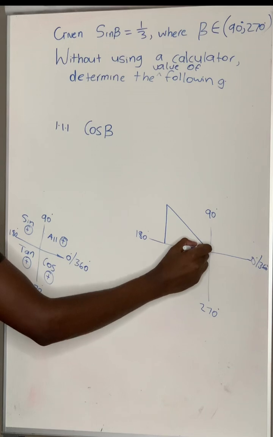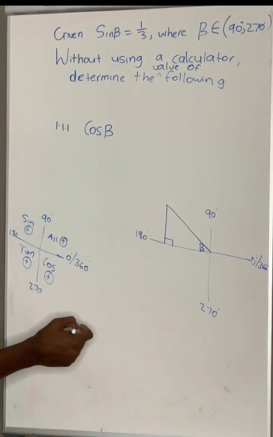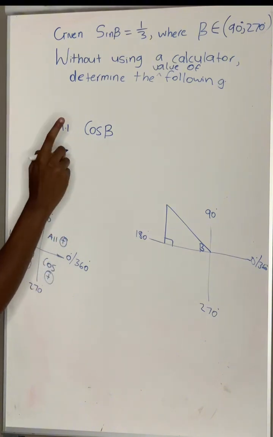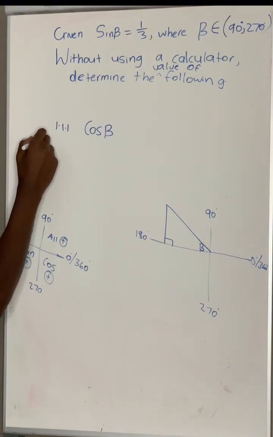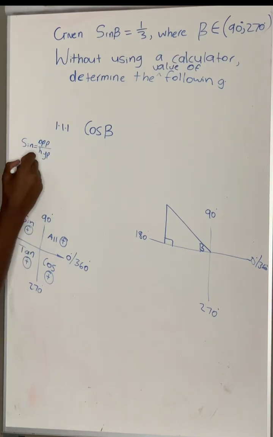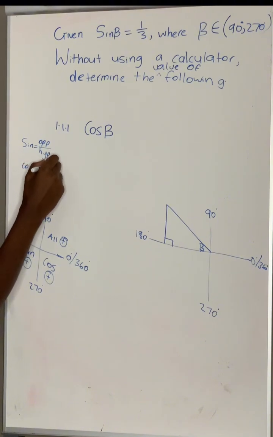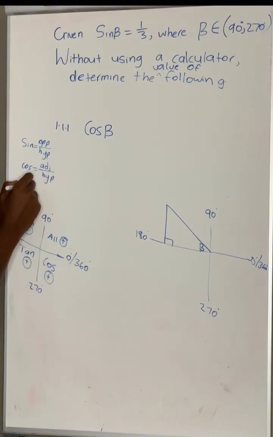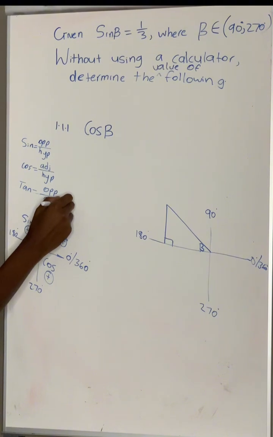So our beta is over here, and then we have 90 here. Okay, now we should remember our trig ratios. We have our SOHCAHTOA, so sine is opposite over hypotenuse, cos is adjacent over hypotenuse, and then tan is opposite over adjacent.